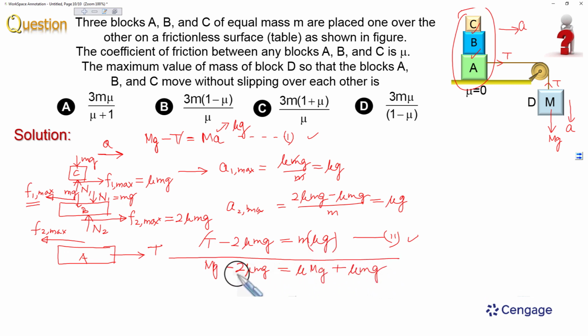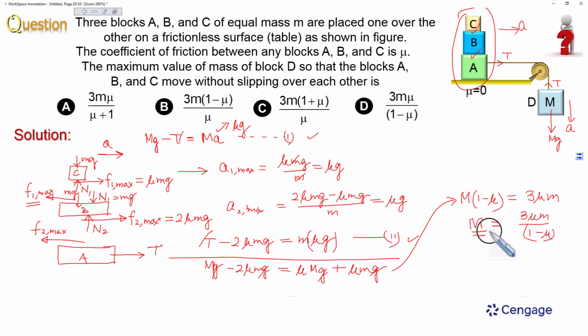Now we can rearrange this equation to get the value of capital M. We can write capital M in bracket 1 minus mu, g will get cancelled, and on the right hand side we will have 3 multiplied by mu multiplied by m. That means capital M should be equal to 3 mu m divided by 1 minus mu. This is the maximum possible value of the mass of block D, and it means option D should be correct. This is the correct option.